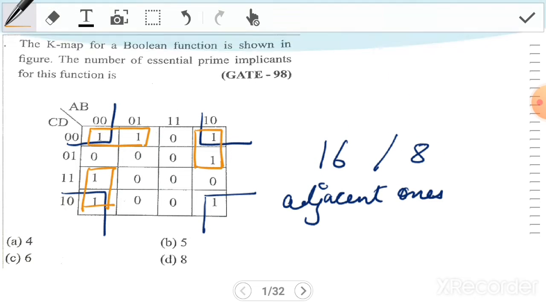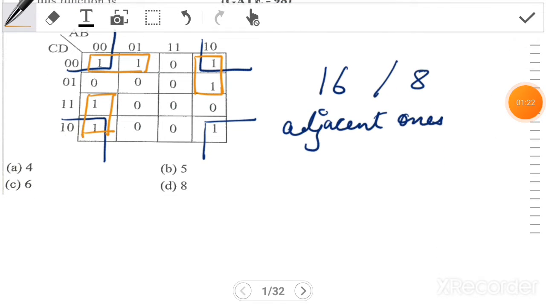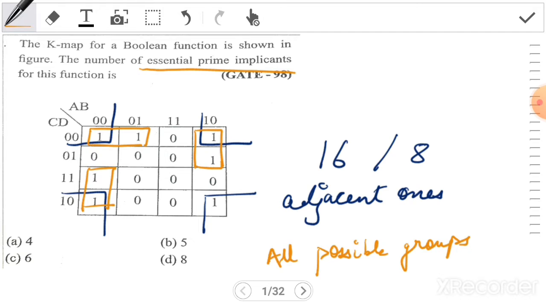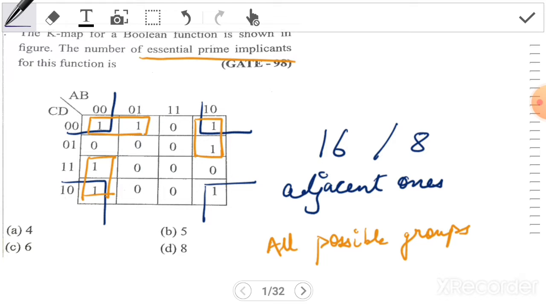So we are asked to find the number of essential prime implicants. Prime implicants are all possible groups formed in K-map, and essential prime implicants are those groups which cover at least one minterm that cannot be covered by any other prime implicant.